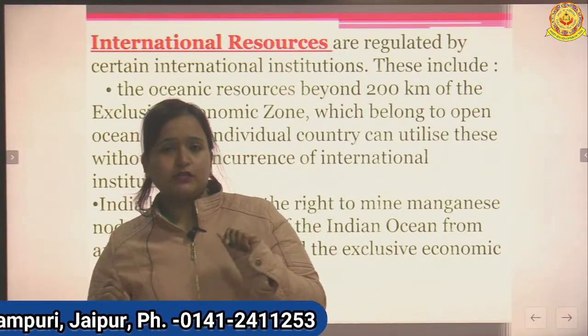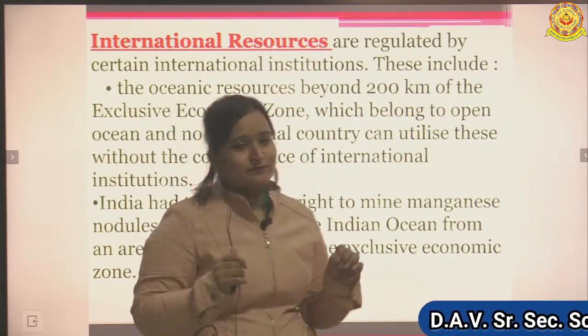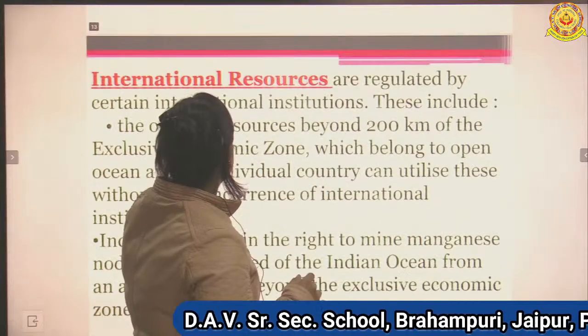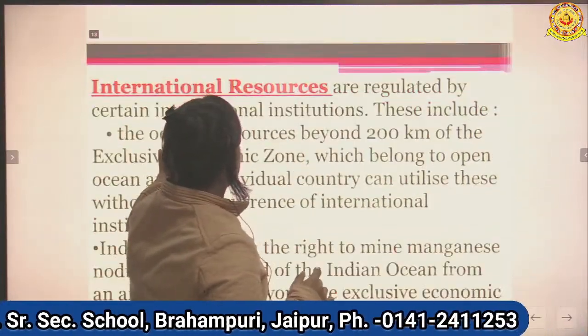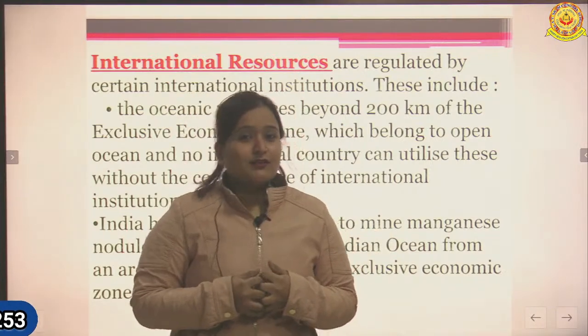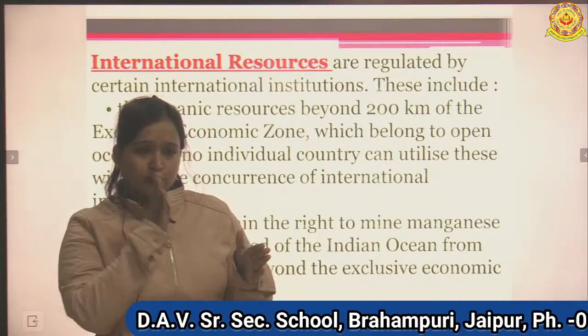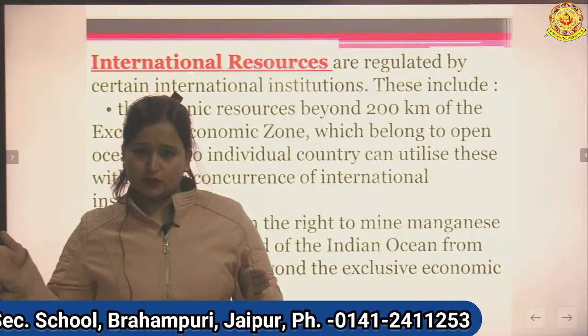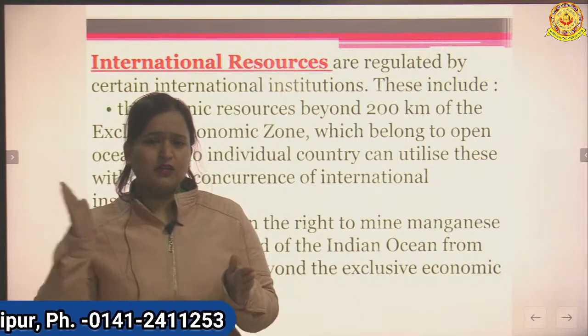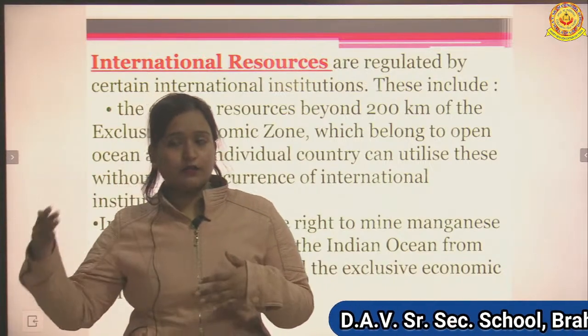Renewable resources are those resources which are never going to be exhausted, meaning they will not become extinct after a particular time or after so many years.